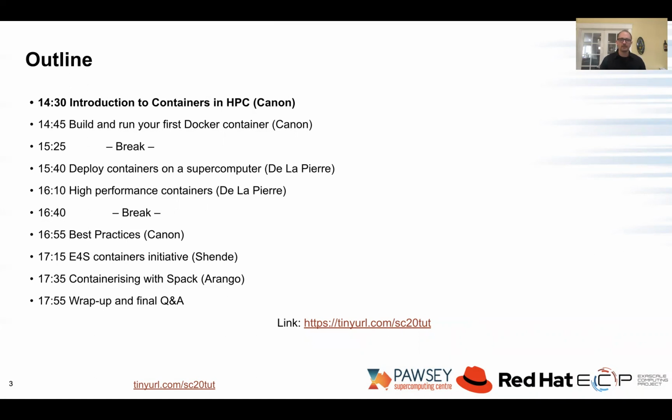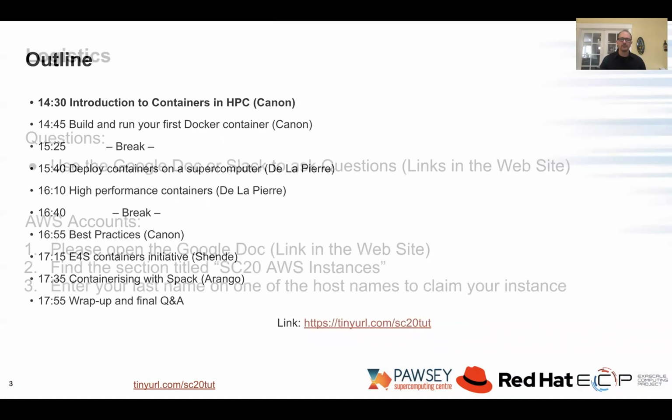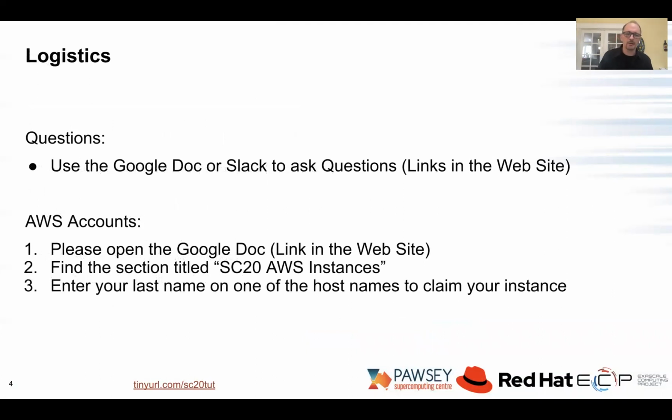To begin with, let me cover a few logistics. Again, we're going to be using the Google Doc and Slack to ask questions. The links are on that website. In addition, we have AWS accounts that we'll be using for all the hands-on activities. If you go into the Google Doc, you'll see the instructions on how to do this.